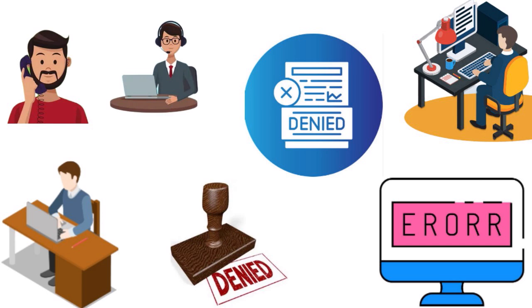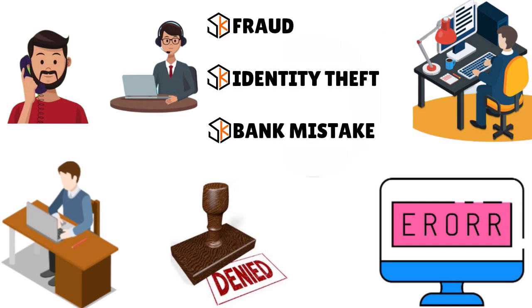So you want to review your ChexSystems report for errors. There are mainly three types of errors that can cause a report to be inaccurate: fraud, identity theft, or bank mistake. Fraud can occur if your debit card or a checkbook is lost or stolen, and someone makes unauthorized purchases or withdraws money from your account.